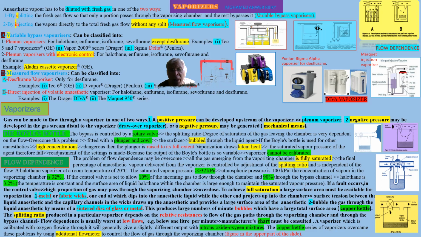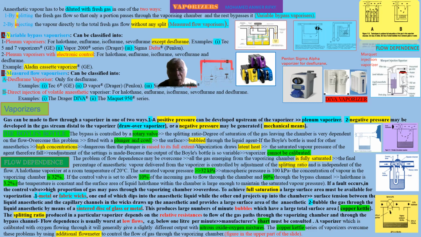So how can we make the concentration constant with respect to the flow, by making the vapor emerging from the vaporizer fully saturated? How can we make this? By two methods. First of all, we use wicks.